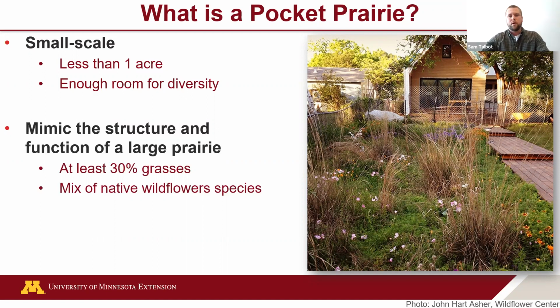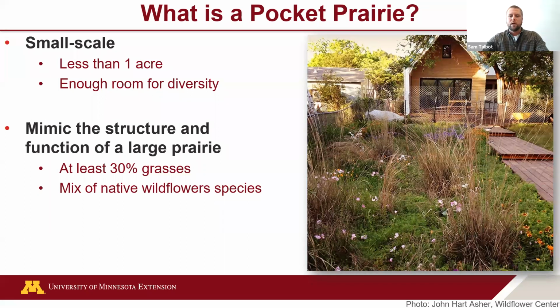So our tall grass prairies can be up to 80% grasses. But because we're valuing pollinator habitat, it's okay to go more wildflower forb heavy in our species mix. But you do still want to have those native grasses. So those are going to provide habitat for overwintering eggs, caterpillars, pupae.